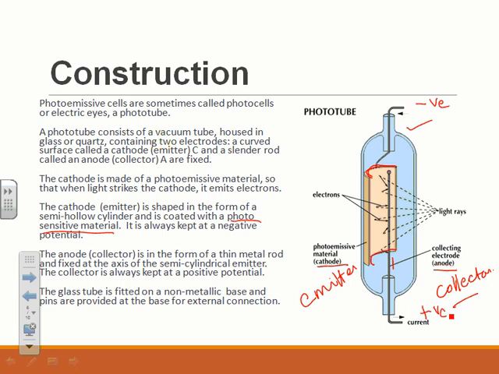This glass tube is fitted on a non-metallic base like this, and pins are provided at the base for the external connections. So this is the construction of a photoemissive cell.